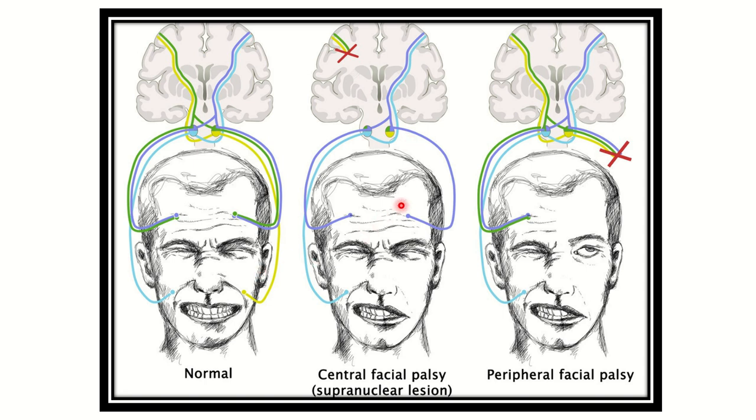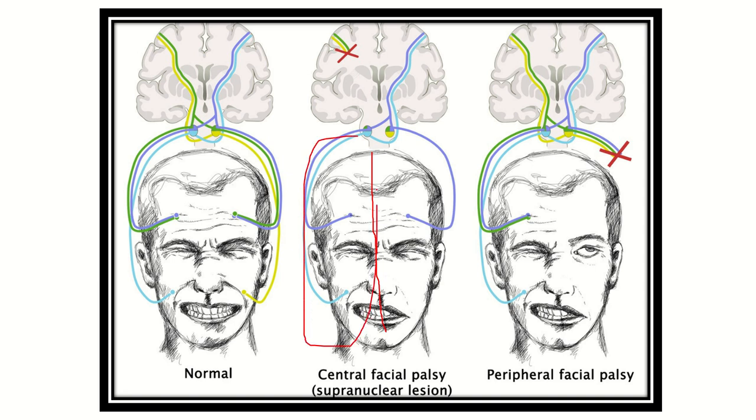In this picture, we can see the lesion occurs in the upper motor neuron. Here we can see this is the lesion in the upper motor neuron, and in this case the supplying area, in case of both sides of the face, the upper motor neuron supplies the whole part of one side of the face.